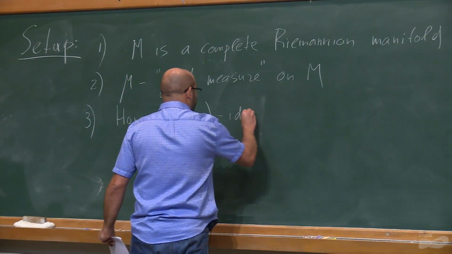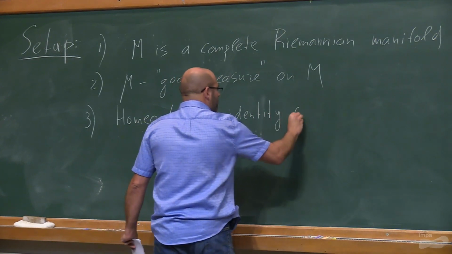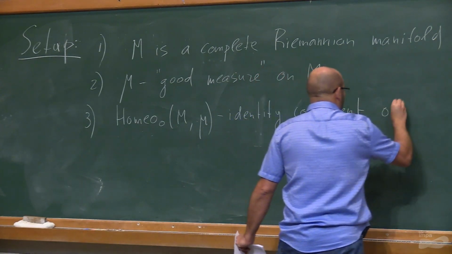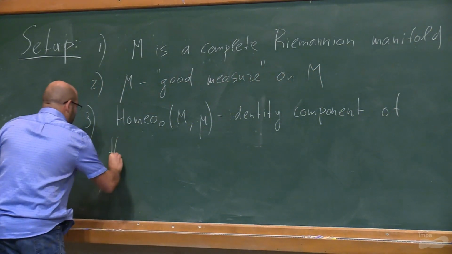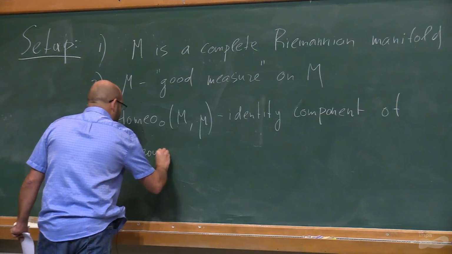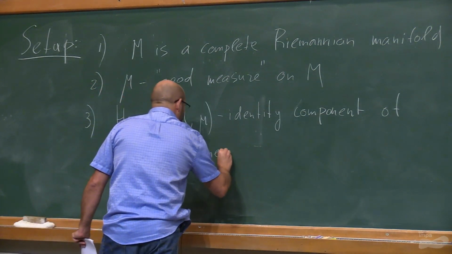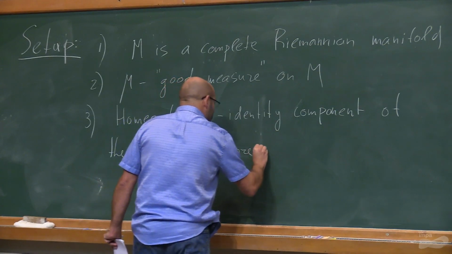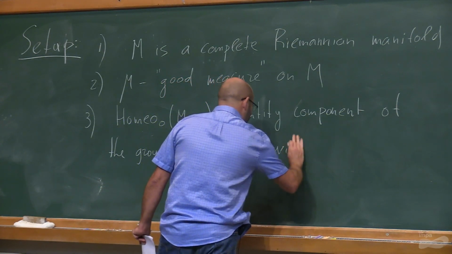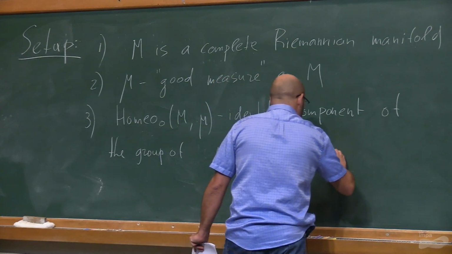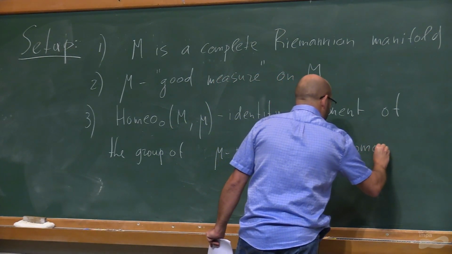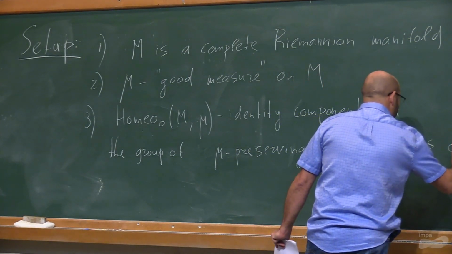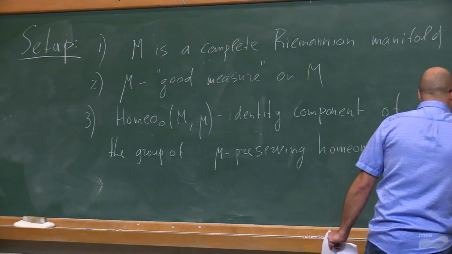So this is the identity component of the group of mu-preserving homeomorphisms.